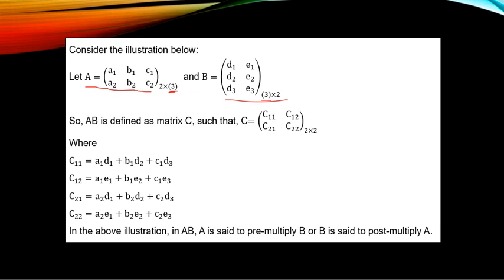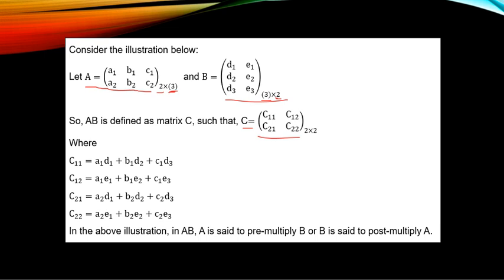You see that now? So the product AB is another matrix C, but the dimension now is the number of rows in matrix A and the number of columns in matrix B. So I'm going to have a 2 by 2 matrix.